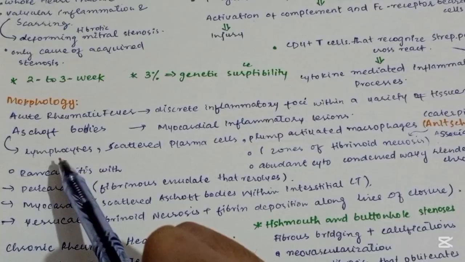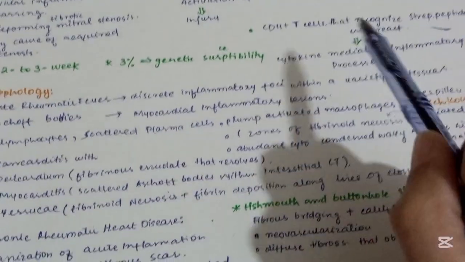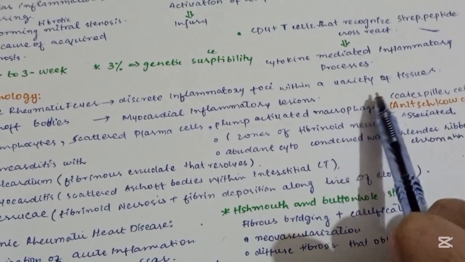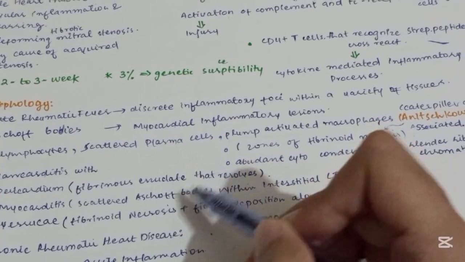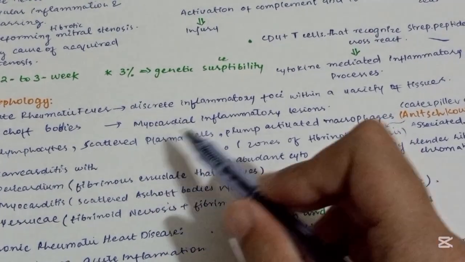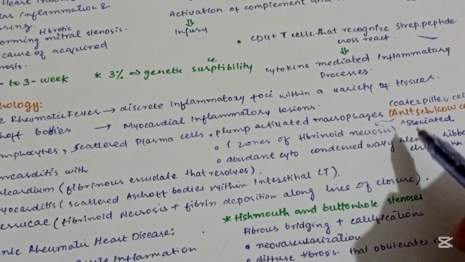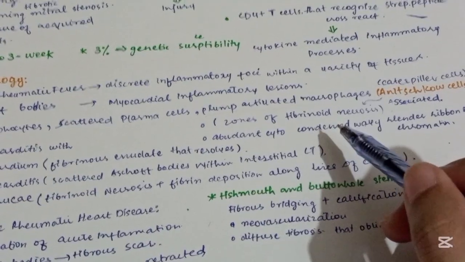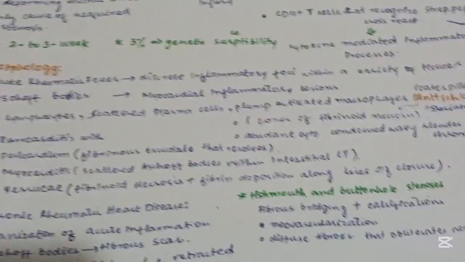They consist of lymphocytes, scattered plasma cells, plump activated macrophages that are known as Anitschkow cells, as well as caterpillar cells. So in the center we have zones of fibrinoid necrotic area, that is the core, and around it inflammatory cells are present. Okay, so these caterpillar cells have abundant cytoplasm, and they have condensed wavy slender ribbon like chromatin.